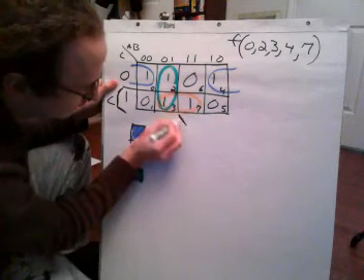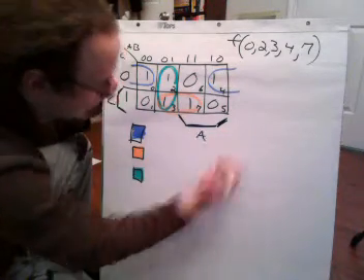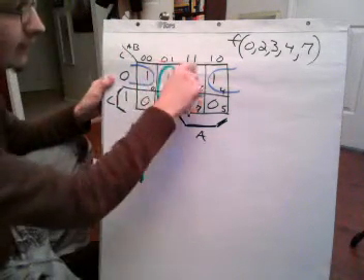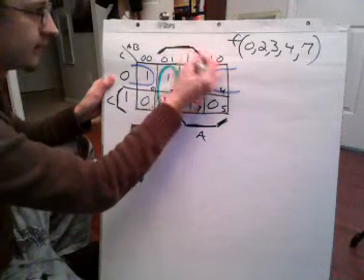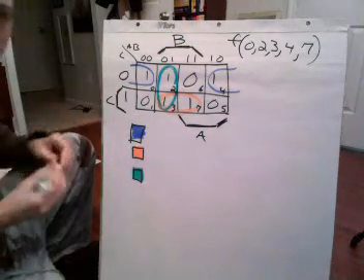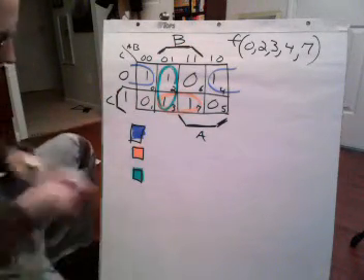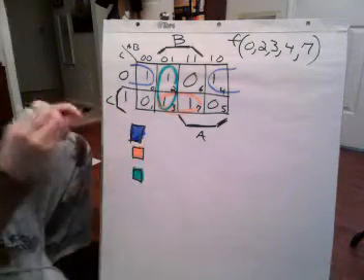So I will put my brackets for A, and then B is true for both of these. So now it should be much easier to figure out what's what. I want to fill that in a little bit.